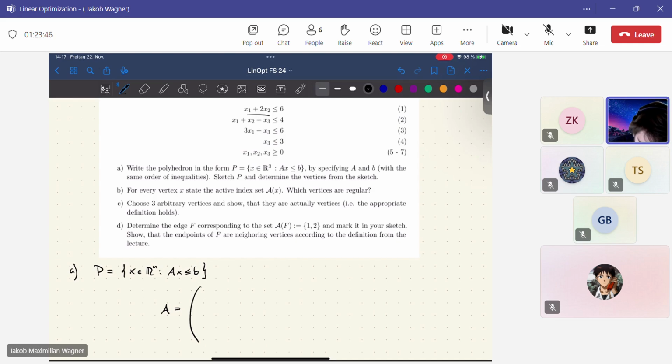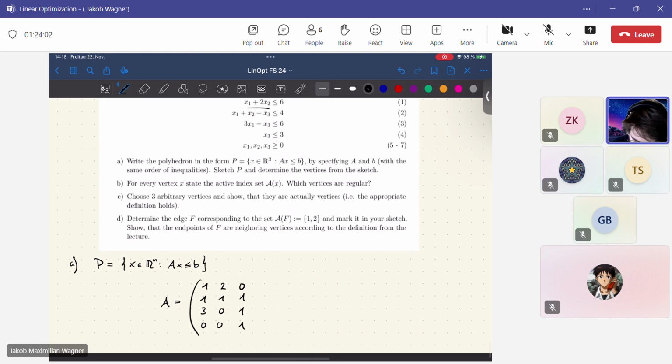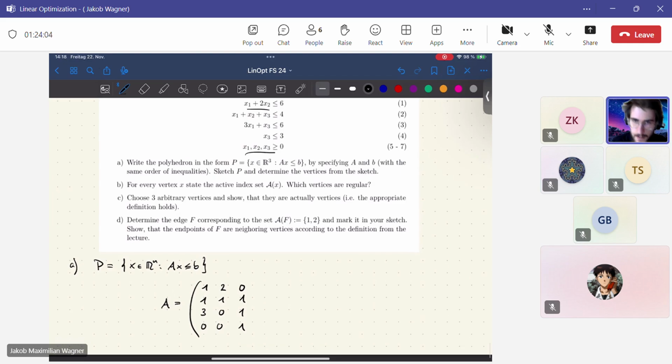So from the x1 plus 2x2, we get a 1, 2, 0 vector. Then we have a 1, 1, 1 vector. Then we have a 3, 0, 1 vector. And then we have a 0, 0, 1 vector.